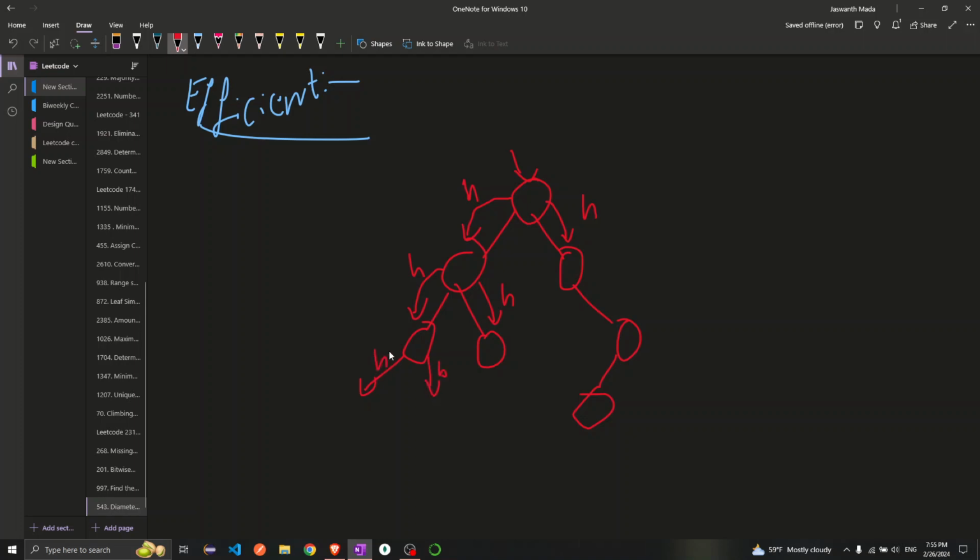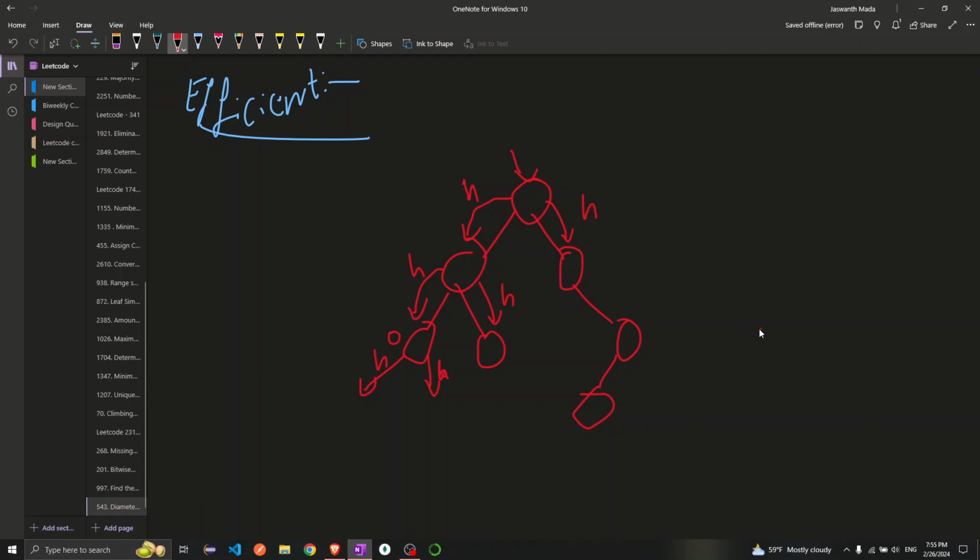This will return 0 and this will return 0, which will be 0 plus 0, which will be 0, right? So right now, at the same time, I'll find the diameter of this node. What's the maximum diameter that this node can be generating, which is 0, right?